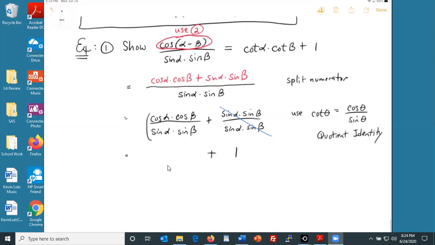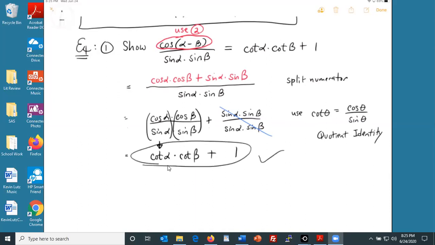Notice we have one pair with alphas. So that's not cotangent of theta, that's the cotangent of alpha. You have to use the same angle. If it says alpha, use alpha. And then this pair here, that's also a cosine over sine of beta. So that's a cotangent of beta. And there we go. What we wish to show.